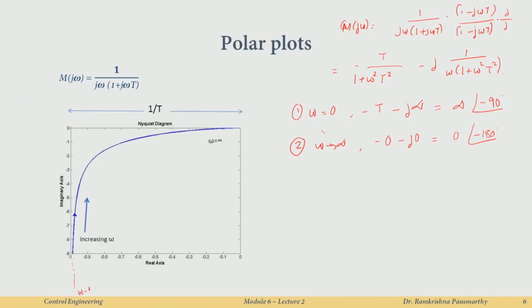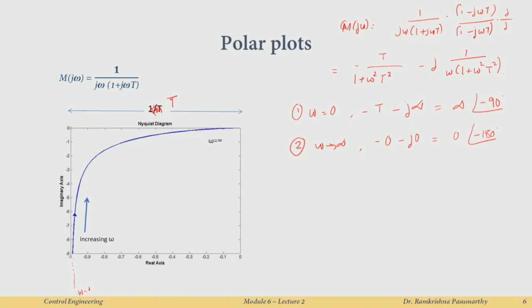At omega equal to 0, I have a magnitude in the real part. I can split this into the real part and the imaginary part, just looking at this complex number over here. The real part has a value of t. Sorry, this should be just t instead of 1 over t.